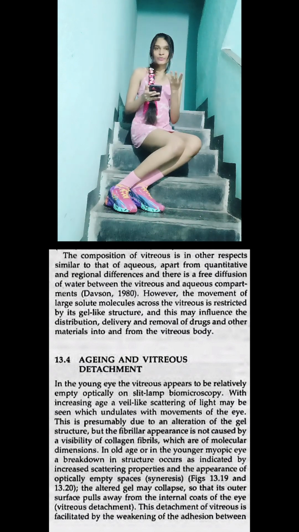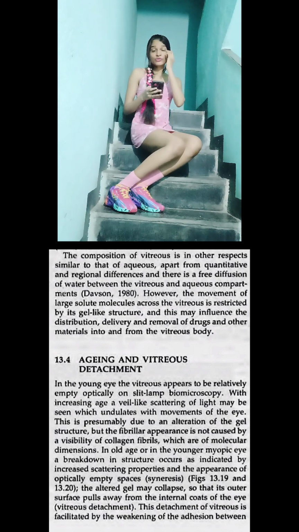It's made up of type 2 collagen, and type 9 and type 11 collagen is also present. Then hyalocytes are present, cells are present, ground substance. So once again, 4 ml volume, 99% water, hyaluronic acid, type 2, 9 and 11 collagen fibers.